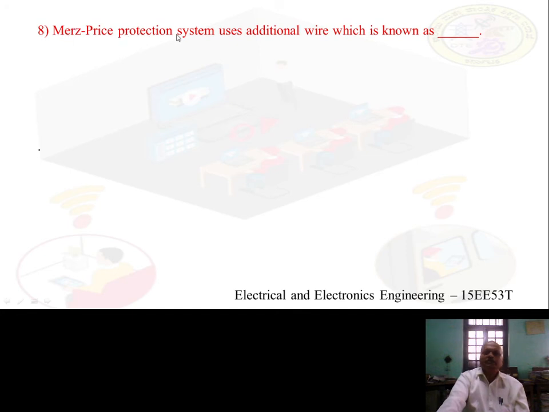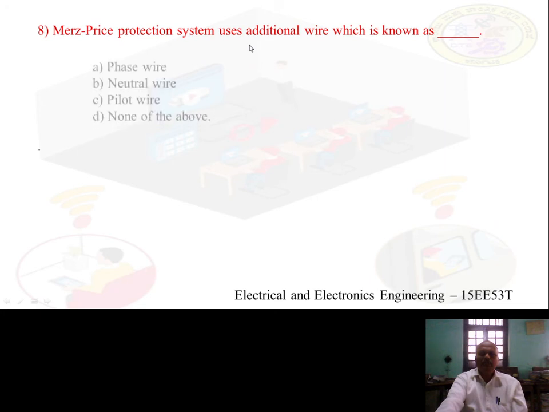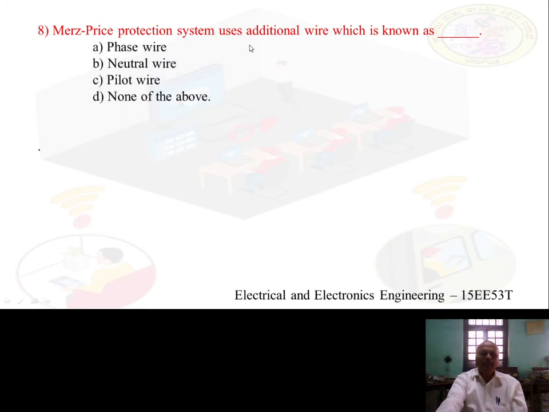Merz-Price protection system uses an additional wire which is known as dash. Your options are A. Phase wire, B. Neutral wire, C. Pilot wire, D. None of the above.